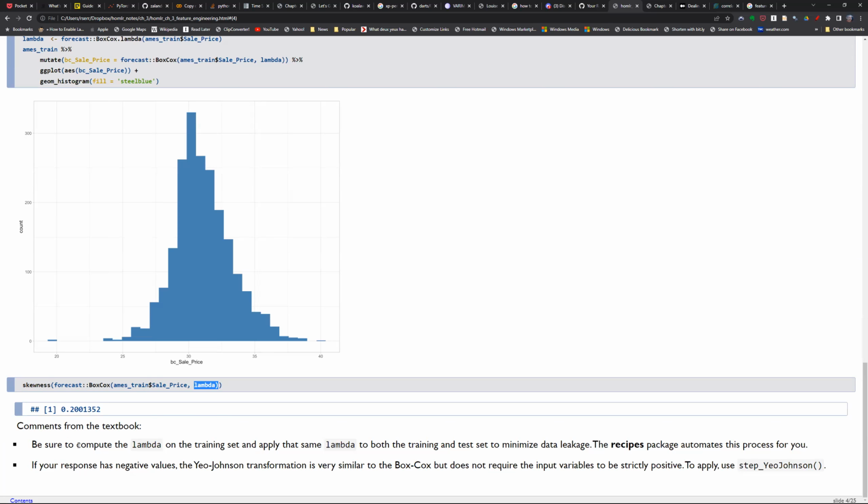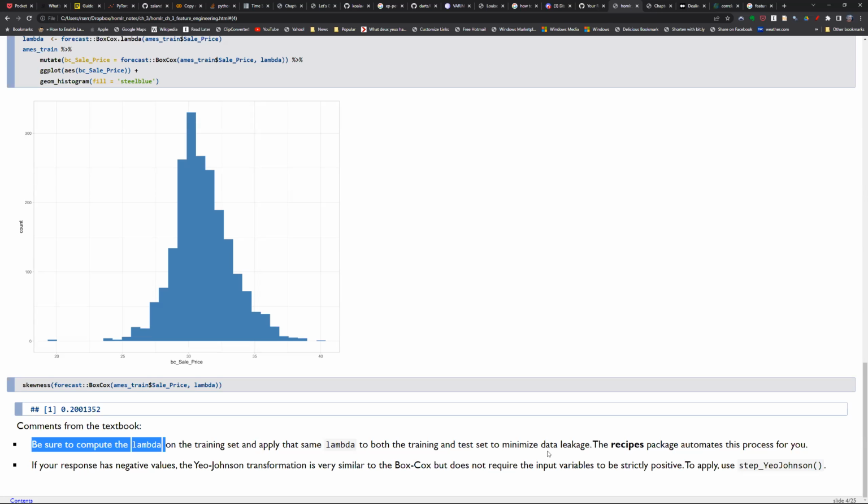In the comments of the textbook, it says to be sure to compute the lambda on the training set and apply the same value, lambda, to both the training and test set to minimize data leakage. In other words, when you use a Box-Cox transformation, you obtain a lambda from the transformation. That lambda is going to be applied not just to the training set, but also to the test set, because remember, the test set also has that outcome.